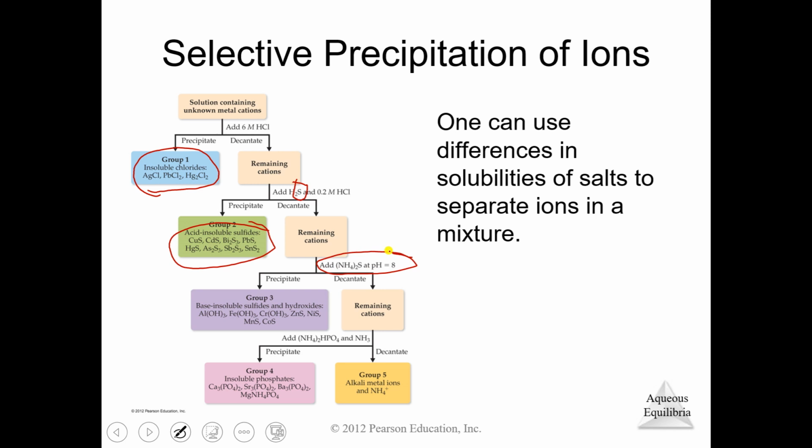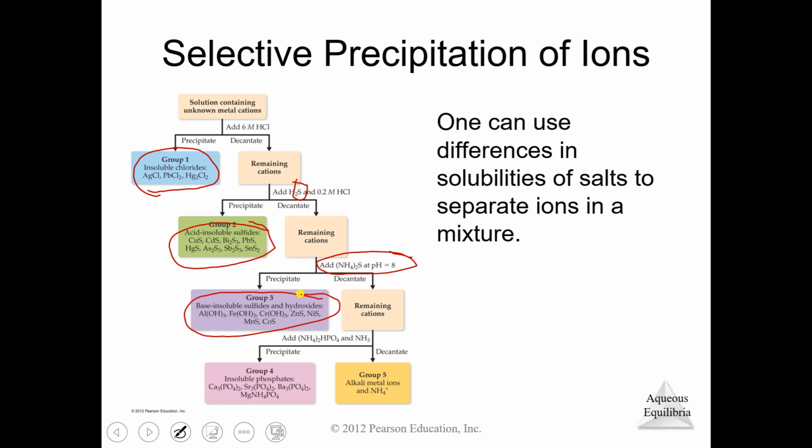Why? Because then I can figure out which metal containing solution I have, because I might get a base insoluble sulfide and hydroxides. What that means is it'll precipitate out in the base that I just added.